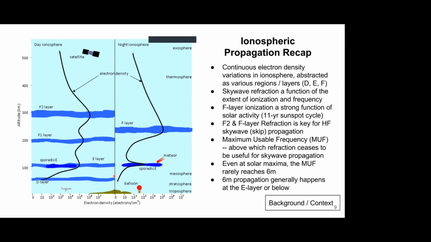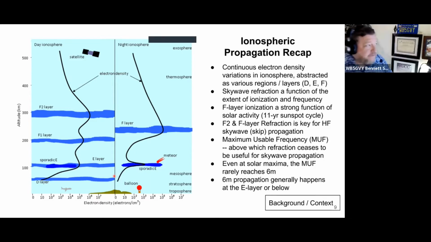Yes, sounds good. All right, so just to recap very quickly about ionospheric propagation. There's a continuous electron density variation in the ionosphere, and these are abstracted as various regions that we refer to as the D, E, F regions.